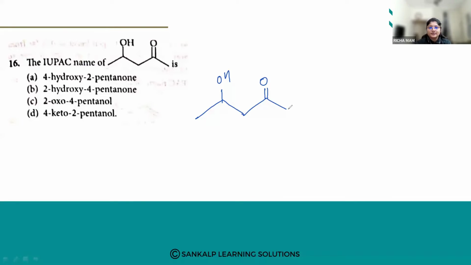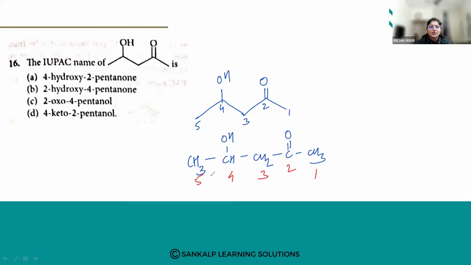So if I write it, it will be CH3, CHOH, CH2, C double bond O, and CH3. When we are numbering, it will be 1, 2, 3, 4, 5. So it is 4 hydroxy, right?